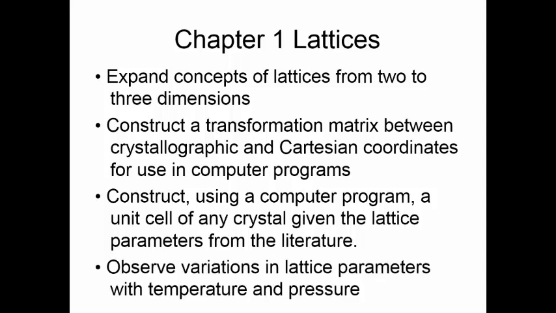Finally, we will observe the variations in lattice parameters with temperature and pressure in general. If the temperature goes up, the lattice parameters will expand, and as you squeeze the crystal, the lattice values will decrease.